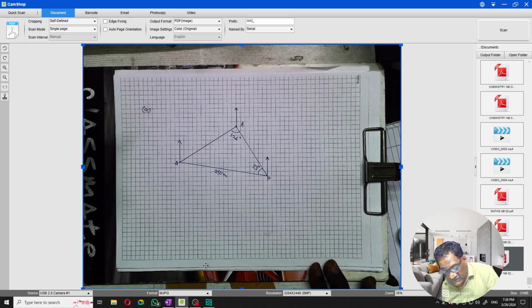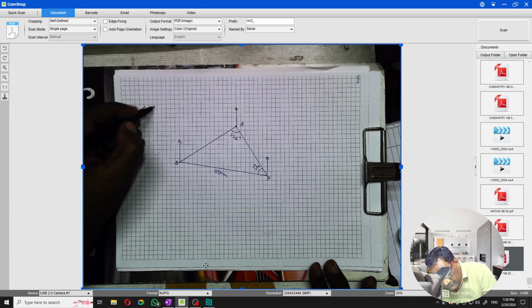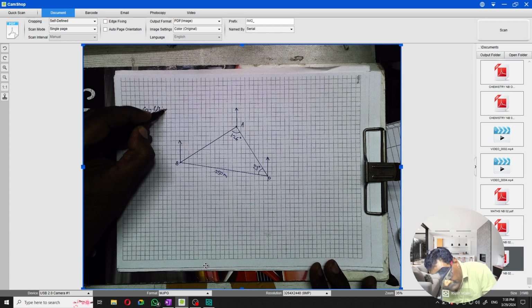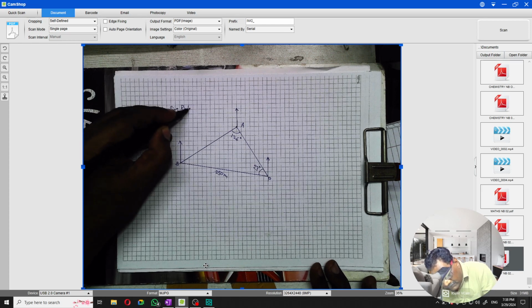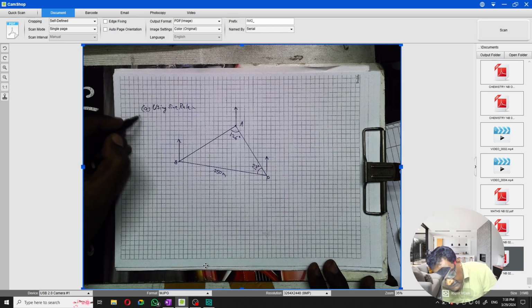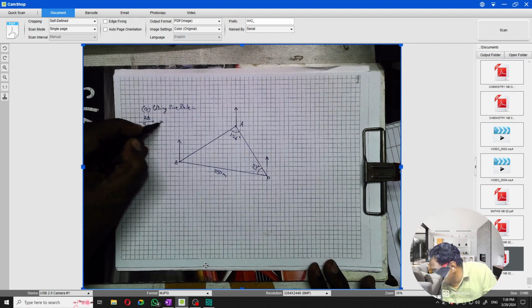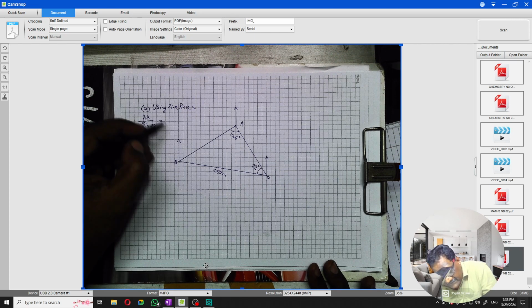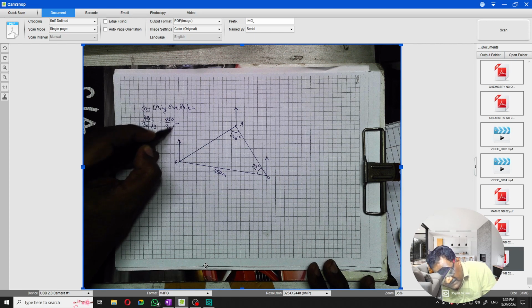According to the sine rule, in this triangle APB, you can write AB upon sine of 23 is equal to 250 upon sine of 126.